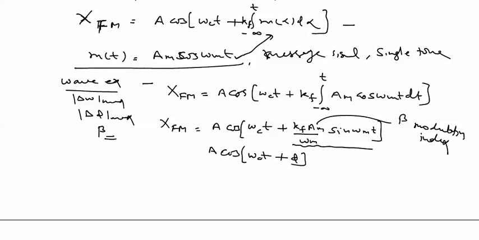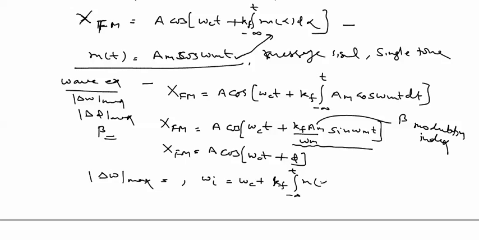If we add this much correction amount, it is known as FM. The second term is the maximum frequency deviation, which comes from the expression with the integral of m alpha d alpha.